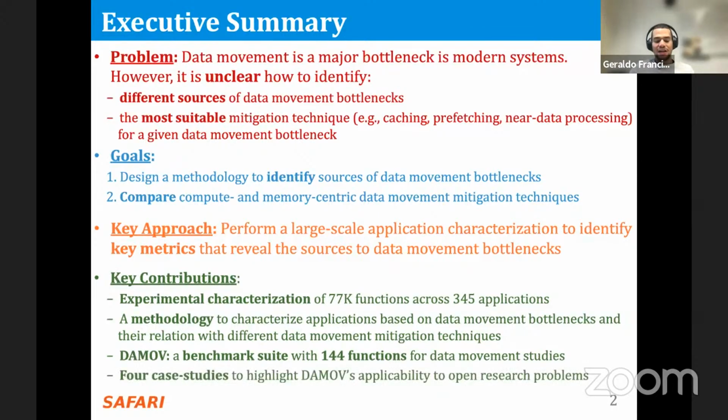And finally, we take our benchmark suite, DAMOV, and we apply 4 case studies to highlight how our benchmark suite can be used to study open research problems on data processing. Our DAMOV benchmark suite and our simulation infrastructure, which I'm going to show next, are open source and available on the following GitHub. So feel free to download and use it, and hopefully it's useful for your research.